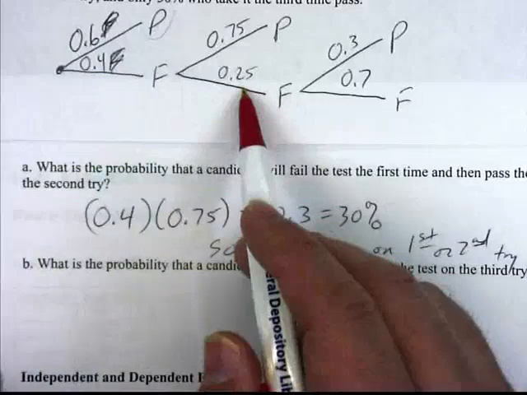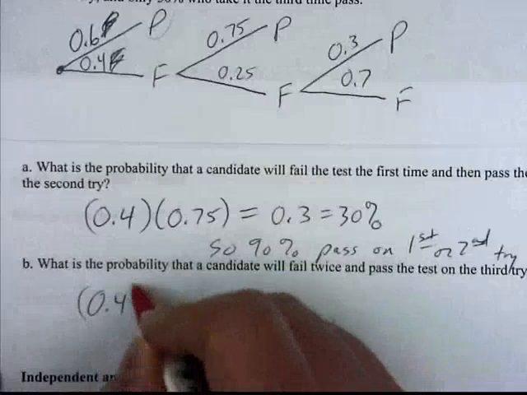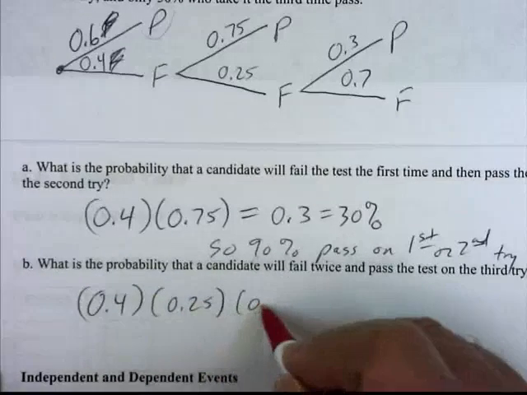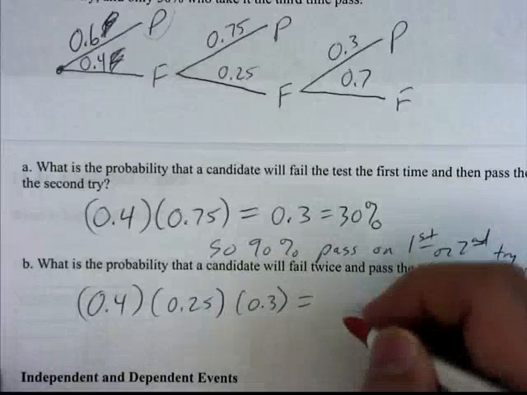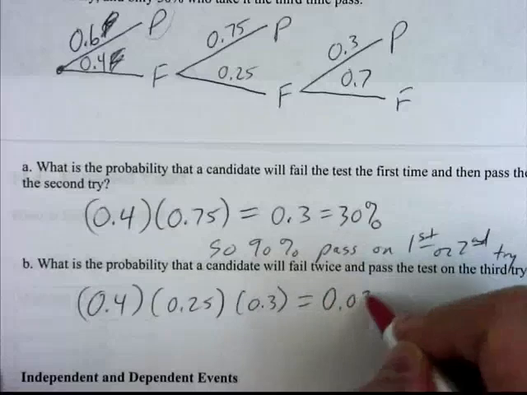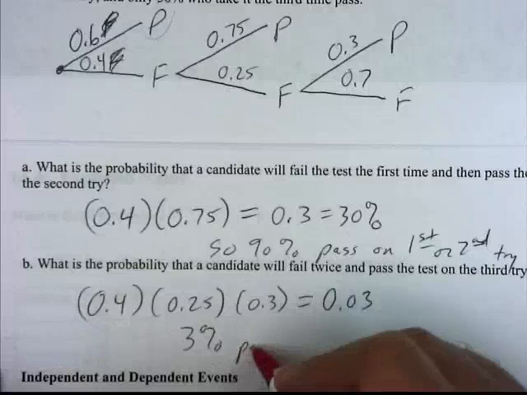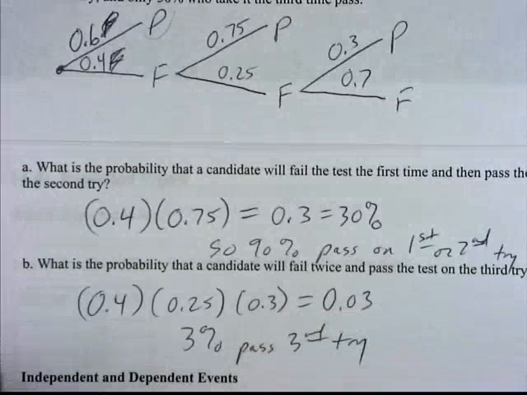The probability of failing is 0.4, the probability of failing a second time is 0.25, and the probability of passing the third time is 0.3. When I multiply that all out, I get 0.03. So that means 3% pass on the third try.